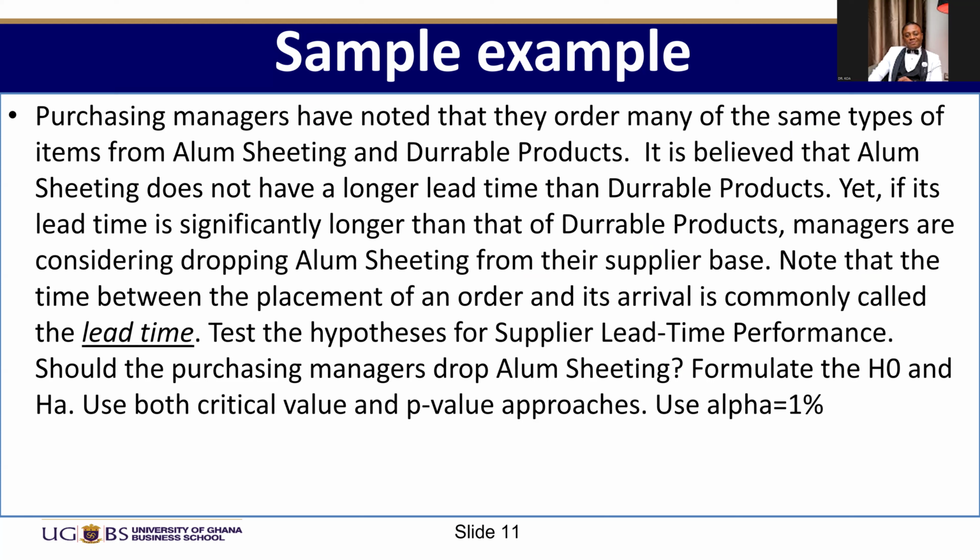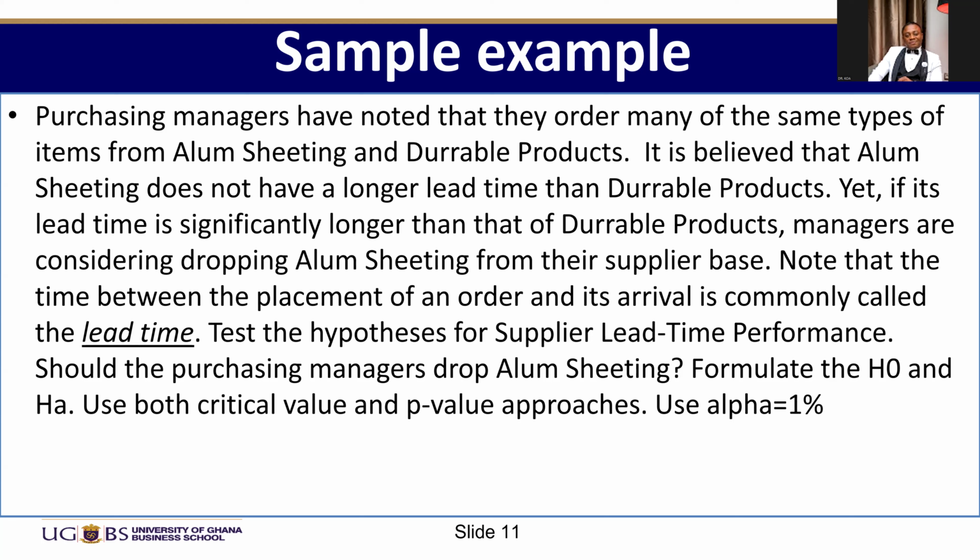Yet, if its lead time is significantly longer than that of durable products, managers are considering dropping alum sheeting from their supplier base. Note that the time between the placement of an order and its arrival is commonly called the lead time. Test the hypothesis for supplier-led lead time performance. Should the purchasing managers drop alum sheeting?